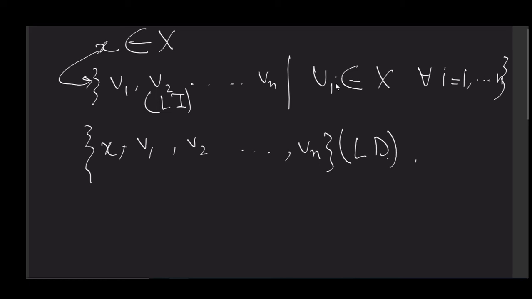If v1, v2, vn are linearly independent, then x, another vector, must be expressible as a combination of v1, v2, vn, or what we can write in terms of mathematics.